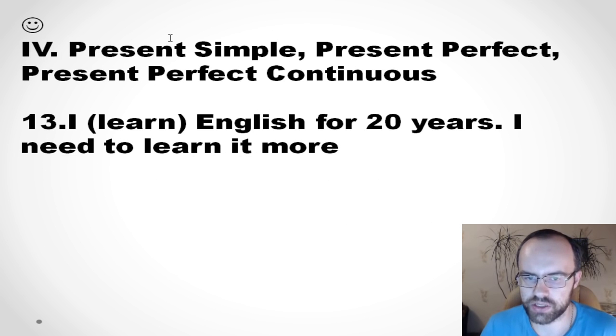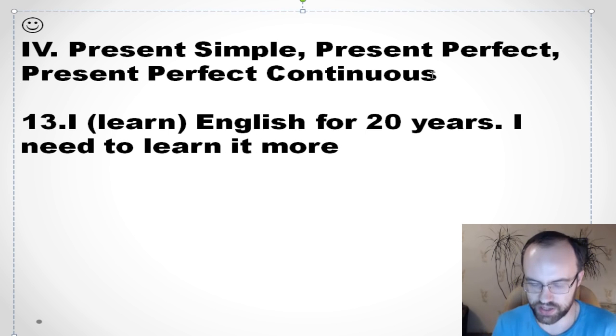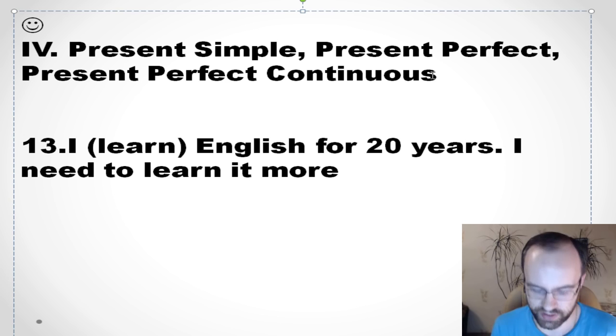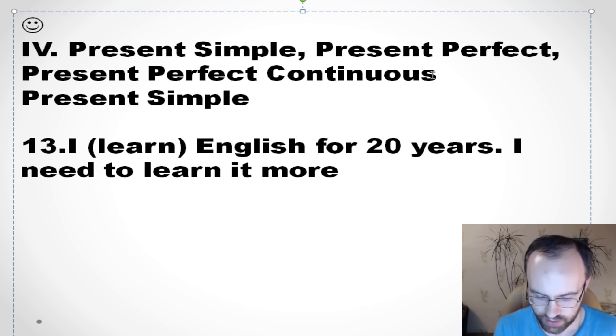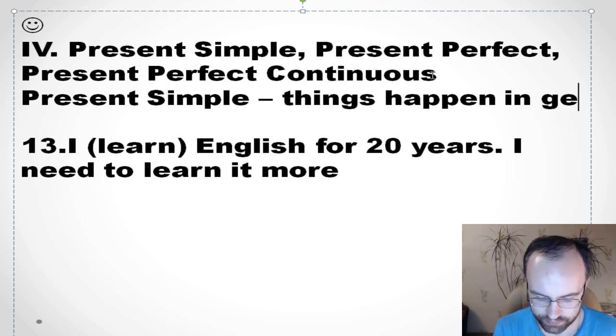So what about this? You need to use present simple, present perfect, or present perfect continuous. I think you understand the difference between these tenses. Present simple: things happen in general.